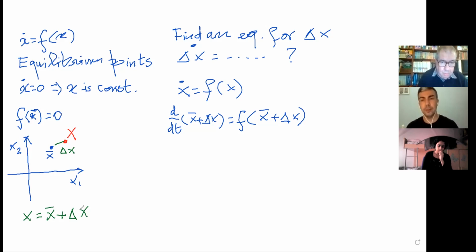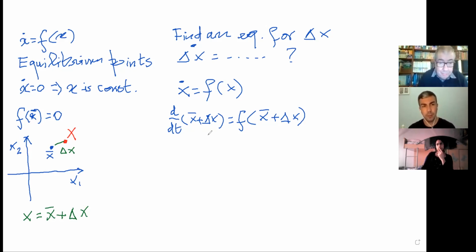Now, I want to simplify things. Actually, this is an equation on delta x, but maybe we can simplify things. I would like to have a linear equation for delta x. If delta x is small, maybe I can find a linear model for delta x. So what can I do? On the left, how can I simplify this expression for the derivative?